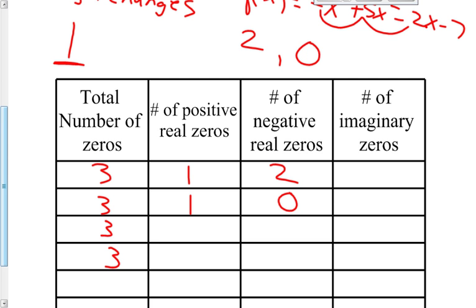And those are our only possibilities. So we're only going to use the first 2 rows of this one. So if there is 1 positive, and if there are 2 negative, with a total of 3, that means 0 imaginary. Or if there is 1 positive and 0 negative, that would leave room for 2 imaginary. And that's what we have for this one.